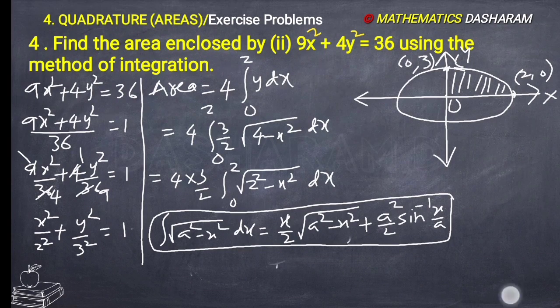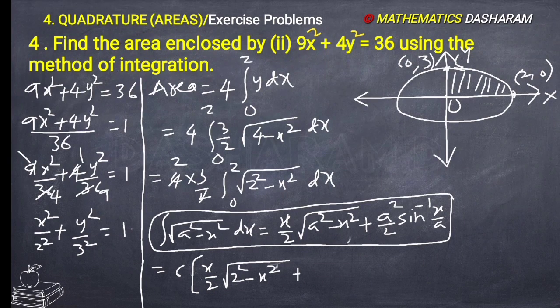So let us apply this formula. It is equals to 4 3s are, here 2 1s are 2, 2 2s are 4, 3 2s are 6, x by 2 into under root a square minus x square, plus a square by 2, that is 2 square by 2 into sine inverse x by a, x by 2, and the limits are 0 to 2.